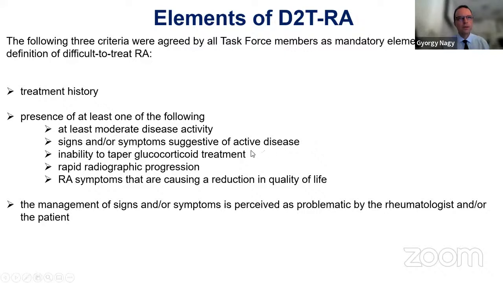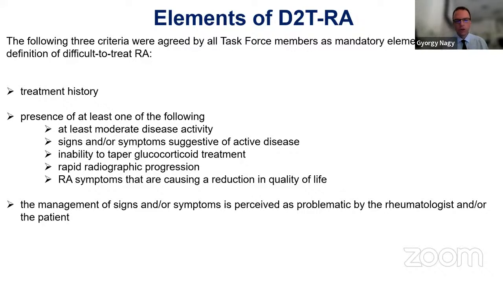Initially, it was considered that glucocorticoid usage might be useful to include in the definition, as well as the radiographic progression and the symptoms which are still influencing the quality of life, because some patients have non-inflammatory disease activity. So that's the last part, which I will come back to a little bit later and explain in more detail.